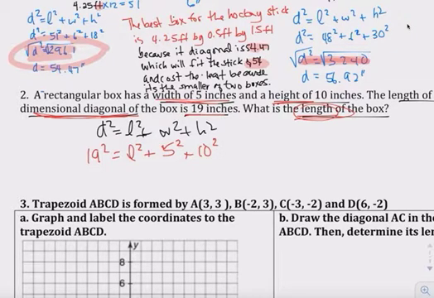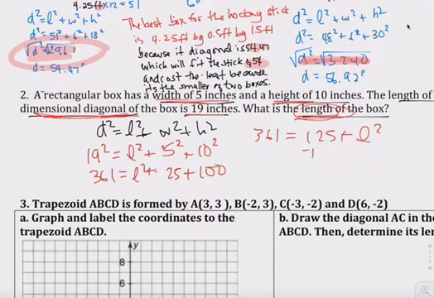Okay, so you add these two, 25 plus 100 plus, what's 19 squared? 19 squared is 361. So we get 361 equals 125 plus length squared. Put it on a calculator.